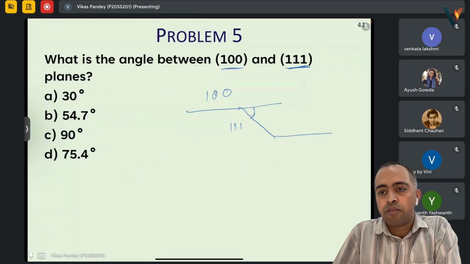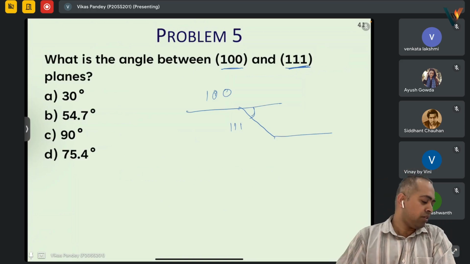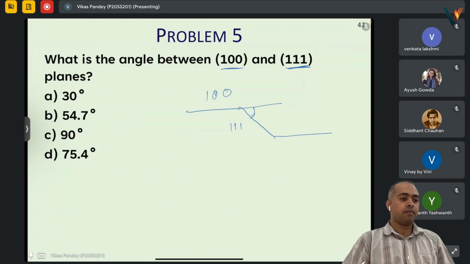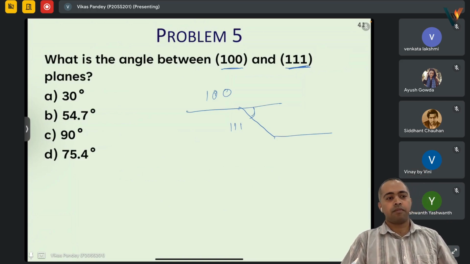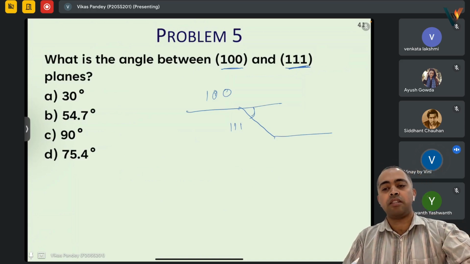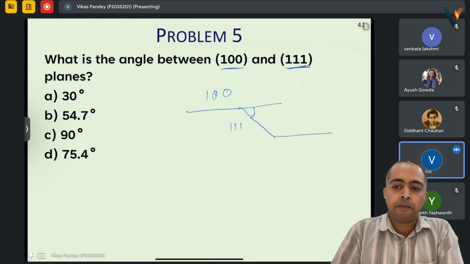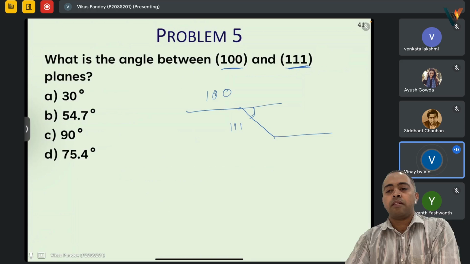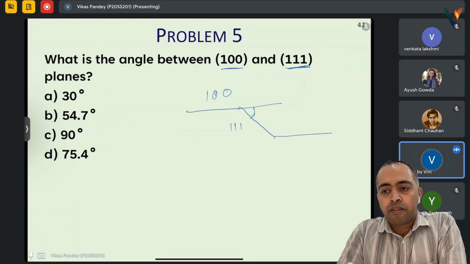Or Ayush Gowda, are you there? Don't be shy. This is instructions. Yes, Vinay, please. Hello, I'm not able to hear you. Vinay.